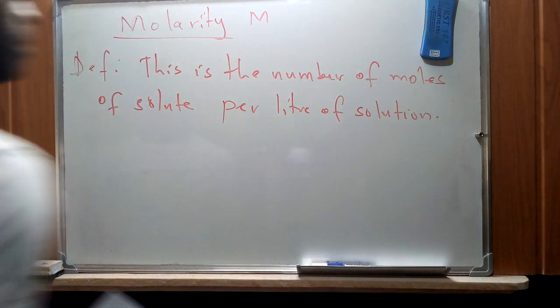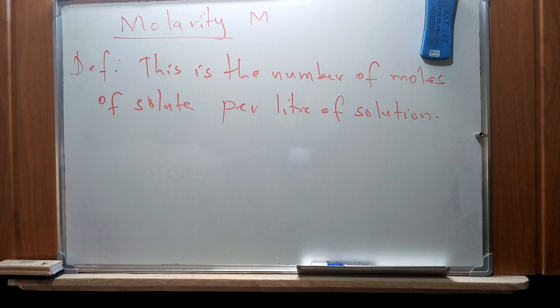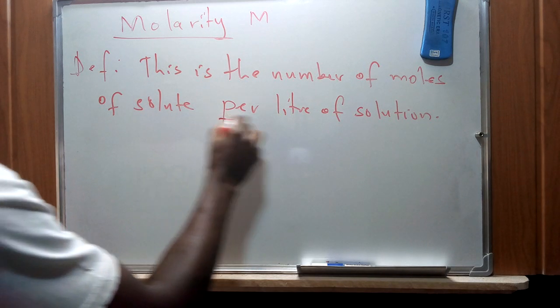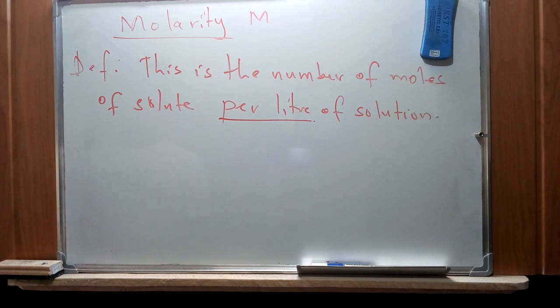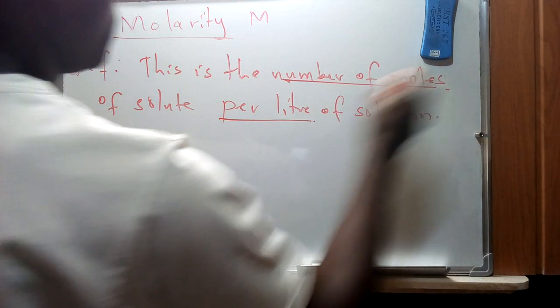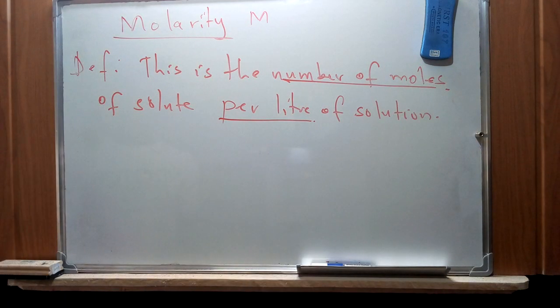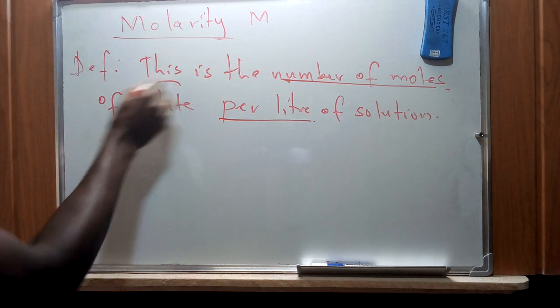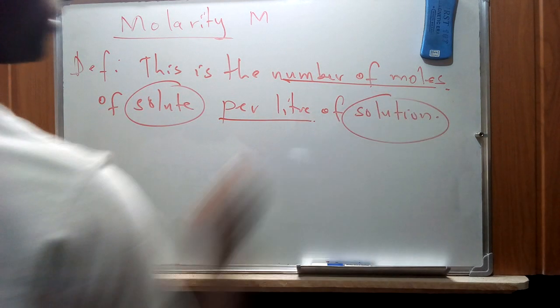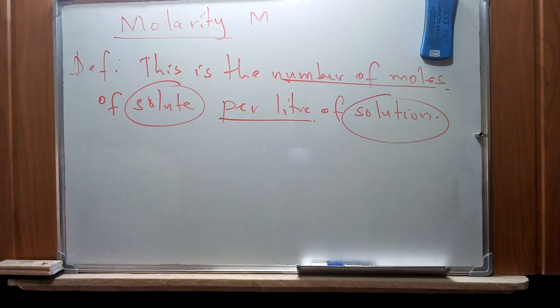So there are two basic concepts, or conditions, that we have been given here: the liter of a solution and the number of moles. Basically, molarity is the number of moles of a solute per liter of a solution, bearing in mind that we understand the concept between those two.